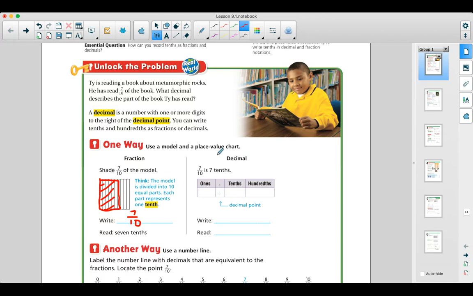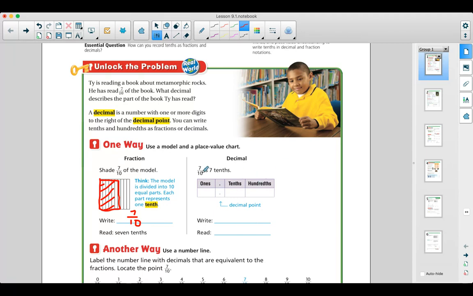Now we can use that same number and write it as a decimal. When you're writing decimals, everything to the right of the decimal point is tenths. It's smaller than 1. To the left of the decimal point, you have ones, tens, hundreds, thousands. But to the right of the decimal point, just remember there's no ones. There's just tenths, hundredths, thousandths.